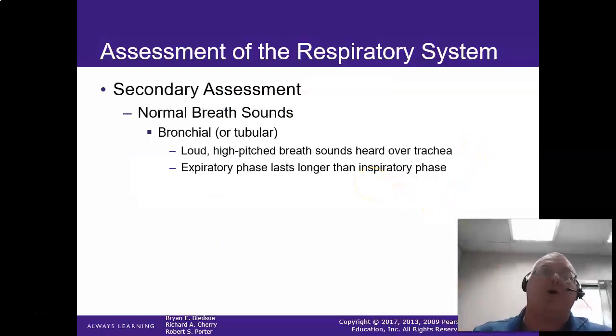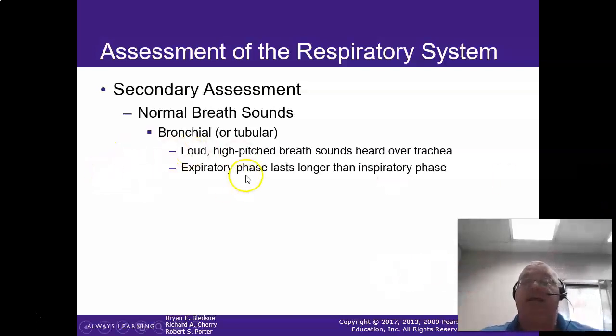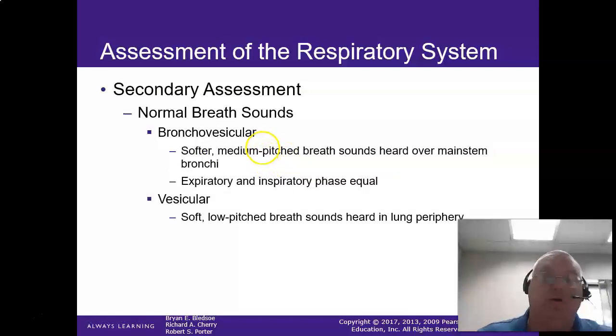Now, what we call normal breath sounds, bronchial or bronchovesicular, these are terms that we use to say that they're a normal breath sound, okay? And again, it's a high pitch heard over the trachea. Usually the expiratory phase lasts a little bit longer than the inspiratory phase. Now, it shouldn't last too long, okay?